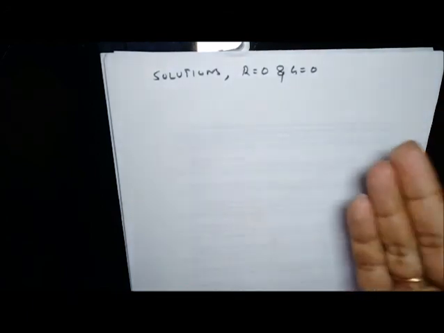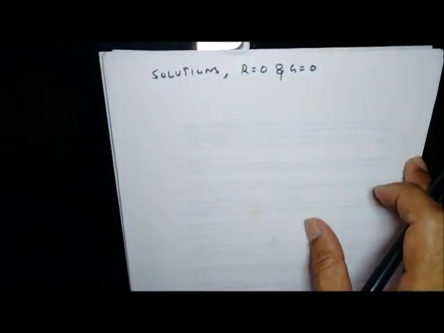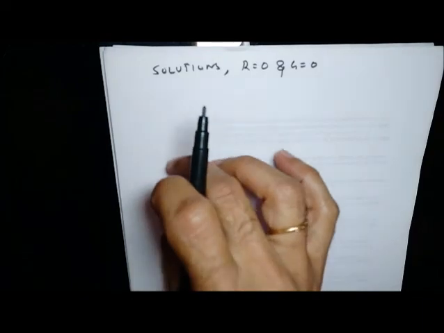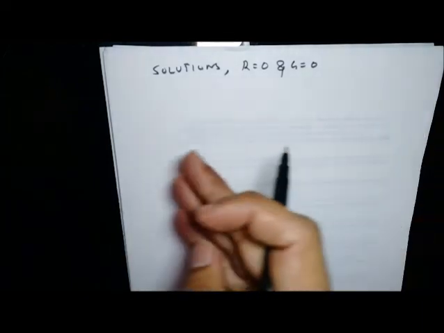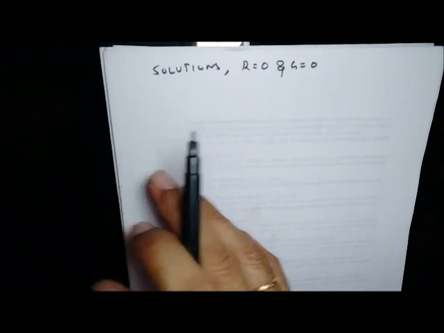If R is equal to 0 and G is equal to 0, we have a lossless transmission line, because whenever there is series resistance during transmission, that resistance is going to convert your voltage and current into power, and it's going to heat the transmission line. So in its absence, there will be no such wastage of power.